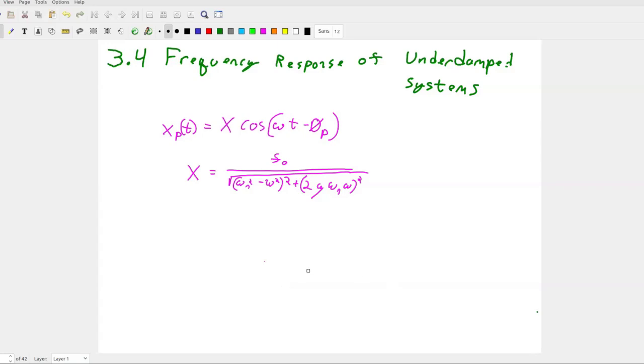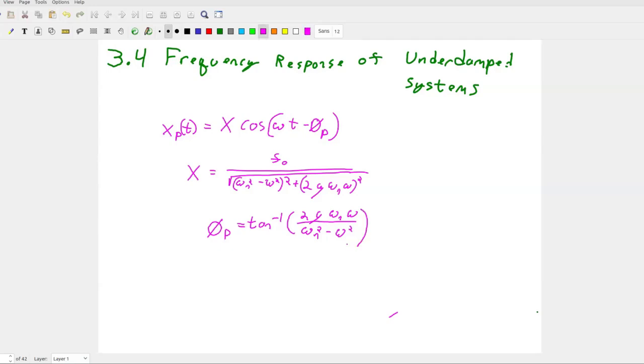And phi_p is equal to tangent inverse of 2 zeta omega n omega over omega n squared minus omega squared.